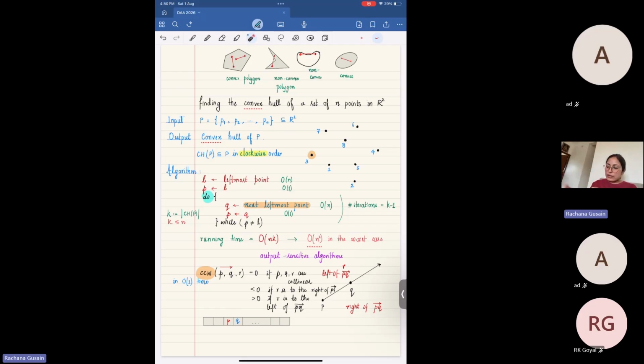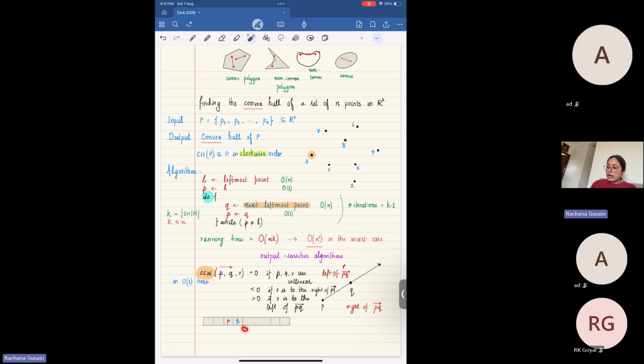The same thing we are going to do here. The next leftmost element can be any point other than P, so I'm going to initialize Q to the point next to P. Whenever I find a point in the remaining array which is to the left of PQ, I'm going to update Q. That's the main idea.